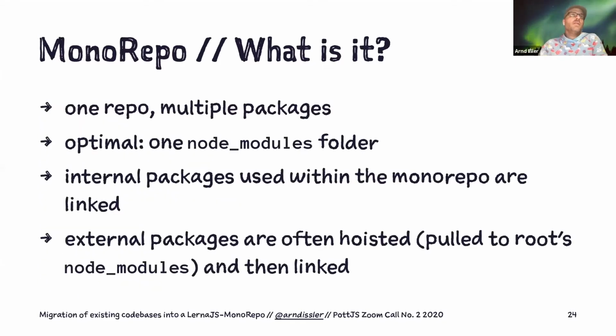So you have, as I said, one repo, multiple packages. It's optimal when you have only one node_modules folder. Internal packages used within the MonoRepo are linked to each other.